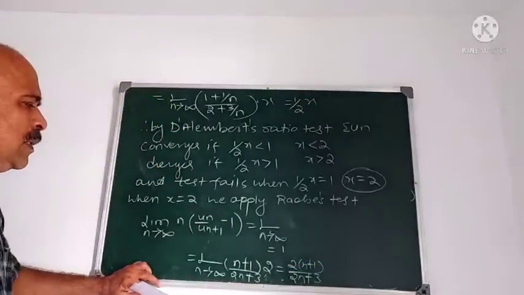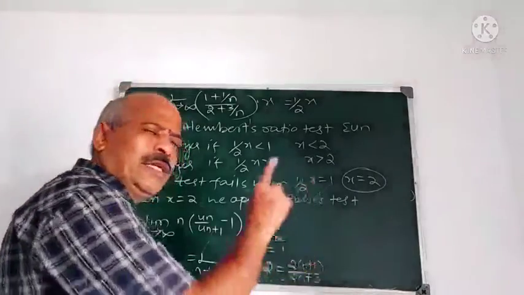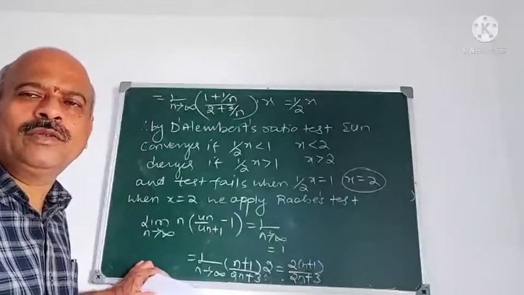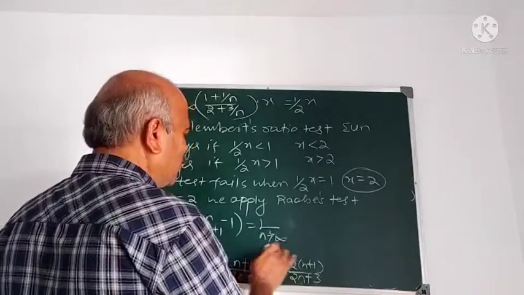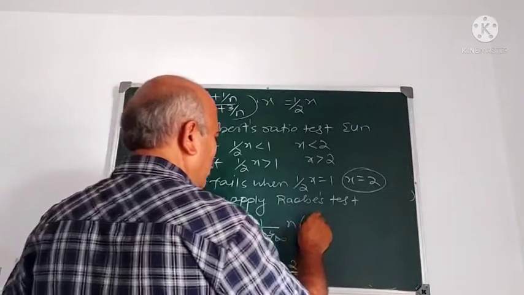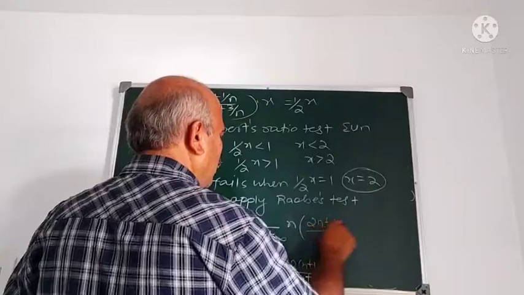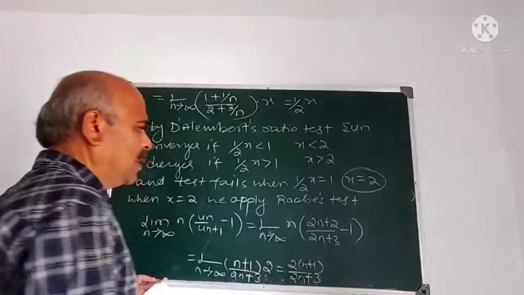This is un plus 1 upon un. I am trying to make use of that already calculated un plus 1 by un. So the limit as n tends to infinity of n into (what is un upon un plus 1) 2n plus 2 upon 2n plus 3, minus 1.